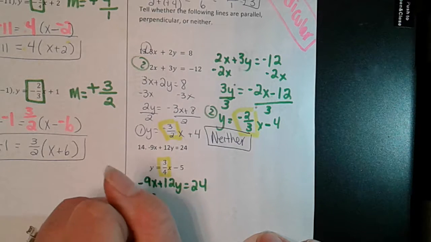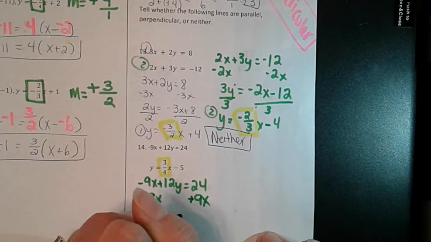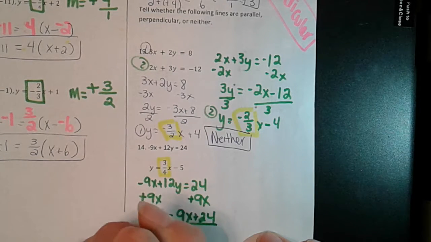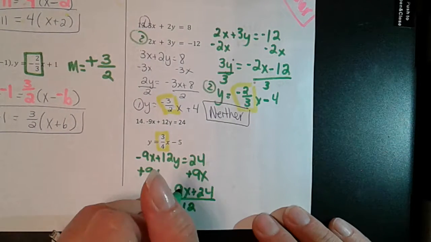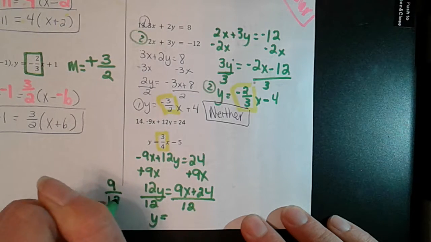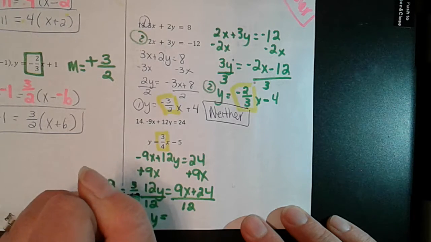To get y by itself, we're going to add 9x to both sides. You have 12y equals 9x plus 24. Divide by 12, divide by 12. We have y equals 9/12 x. We can divide the top and the bottom by 3, and we get 3/4.